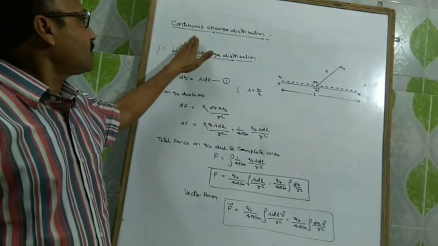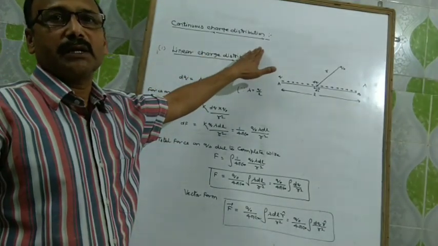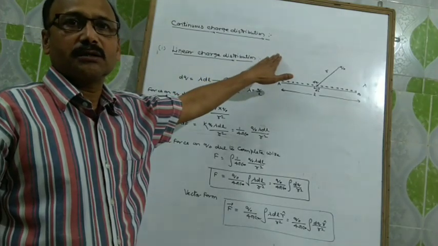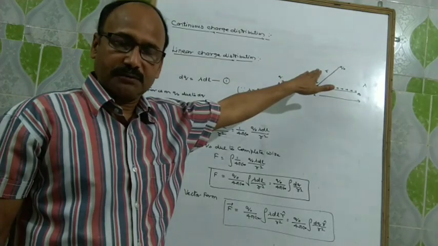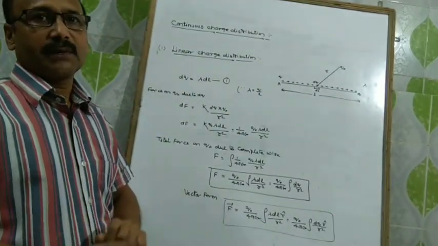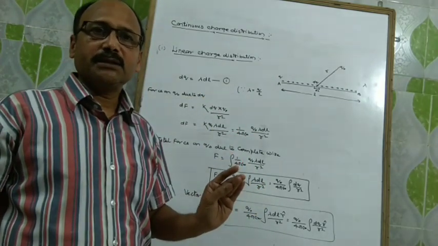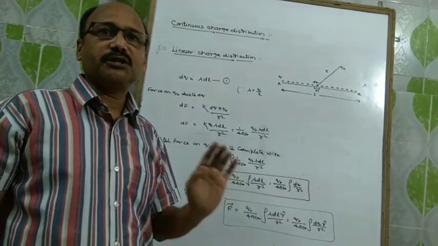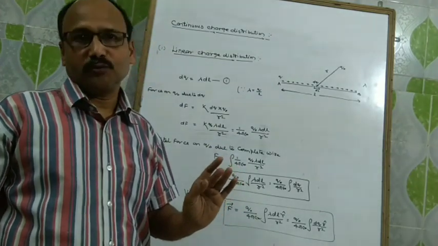A system of closely spaced electric charge forms the continuous charge distribution. It is of three types. First is linear charge distribution, second is surface charge distribution, third is volume charge distribution.